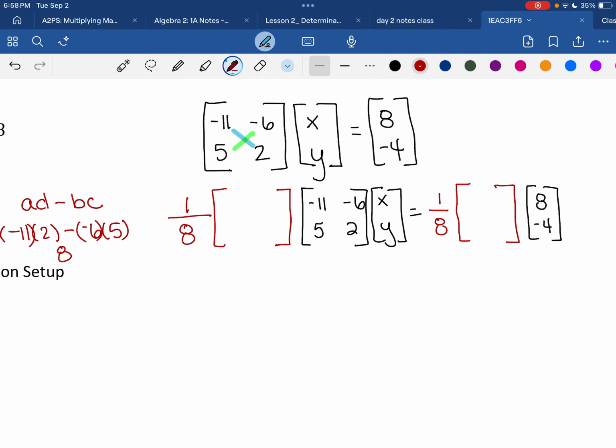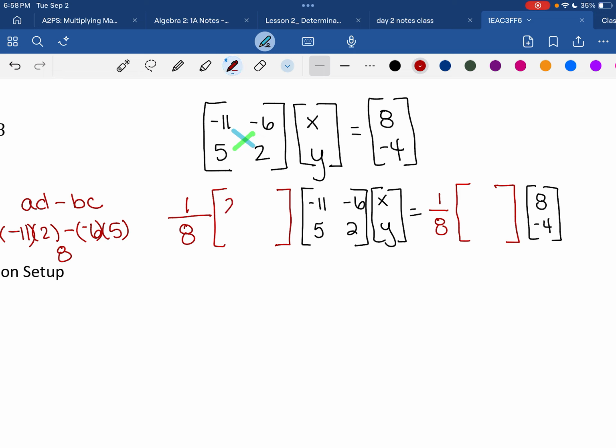If this is the first video you are watching today, or you are looking back at this question just to make sure you understand it, what I'm going to do is create the inverse of my original matrix, negative 11, negative 6, 5, and 2. In order to do that, A and D need to switch spots. So on that blue diagonal right here, I have negative 11 and 2. They are going to switch their locations.